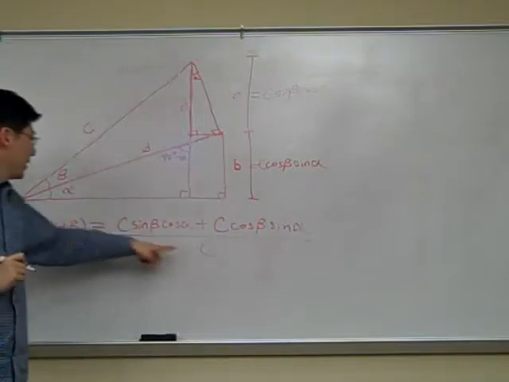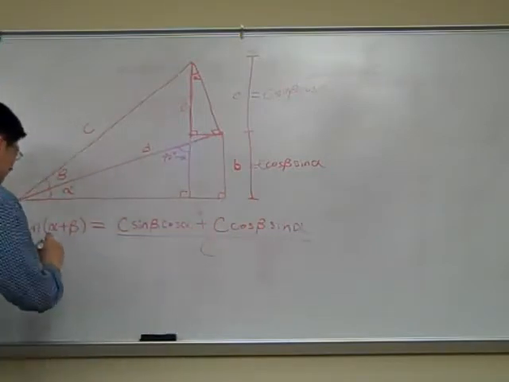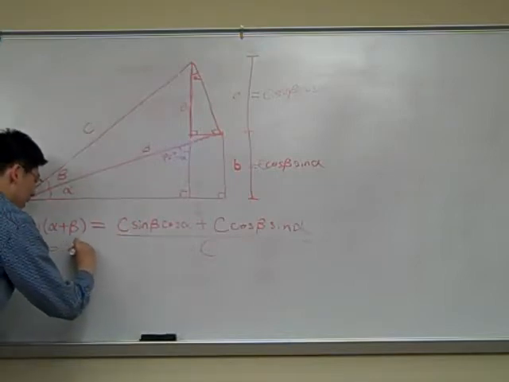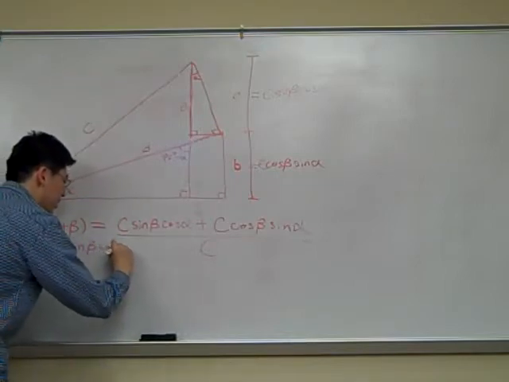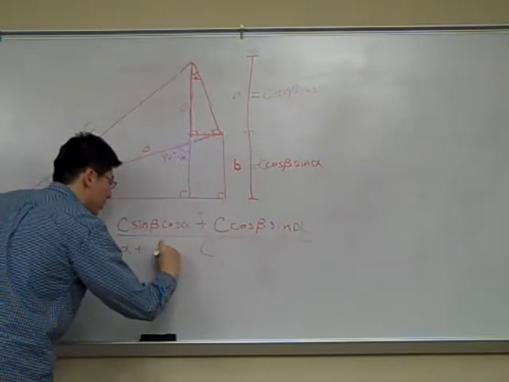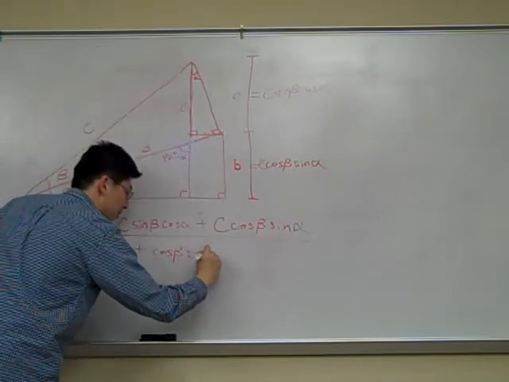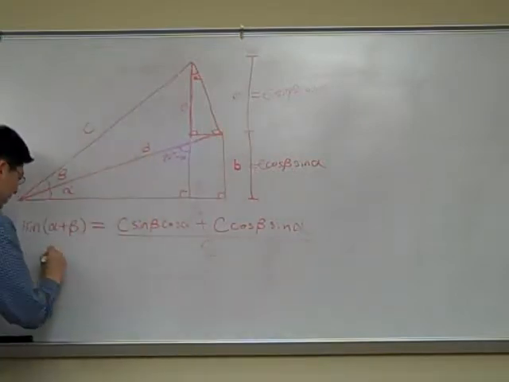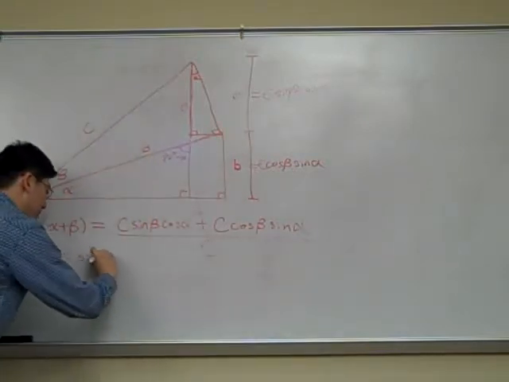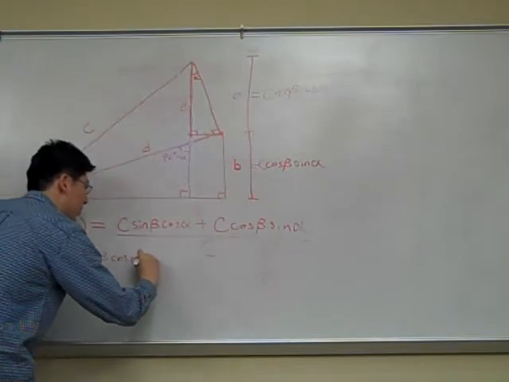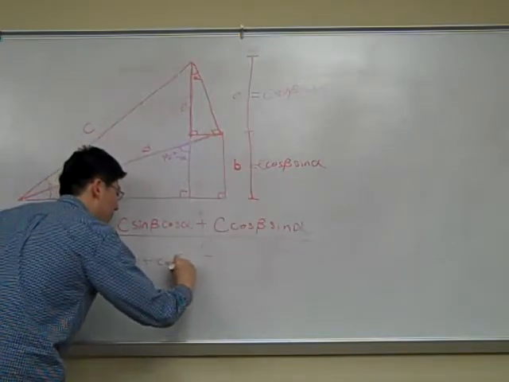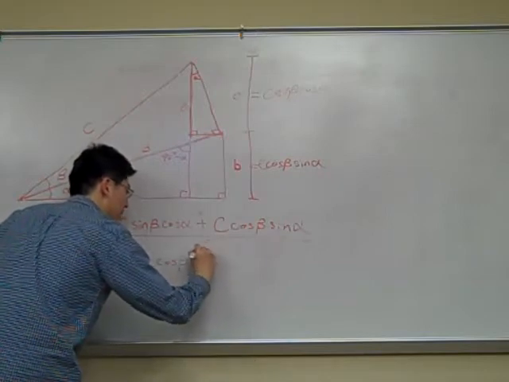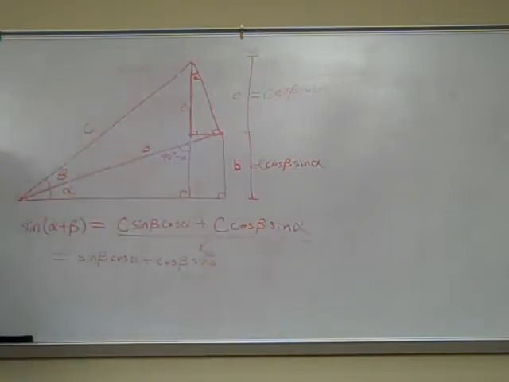And because there's c in common for all of these, we can cancel them out. So this just becomes sine beta cosine alpha plus cosine beta sine alpha. And this is the sum identity for sine.